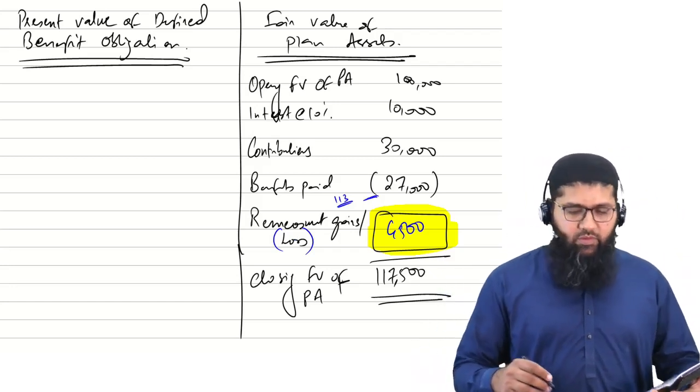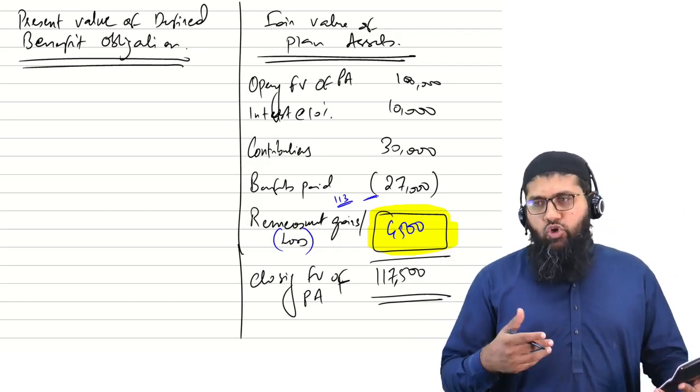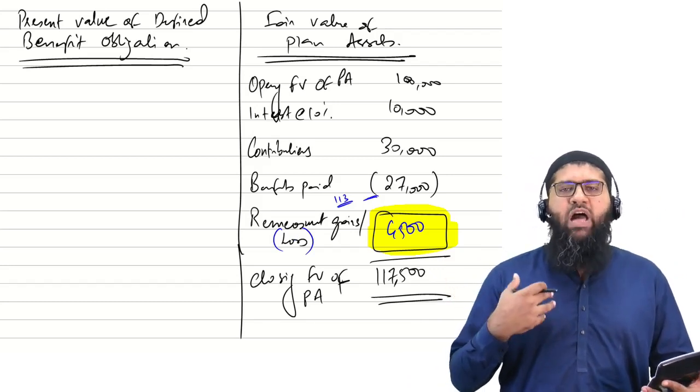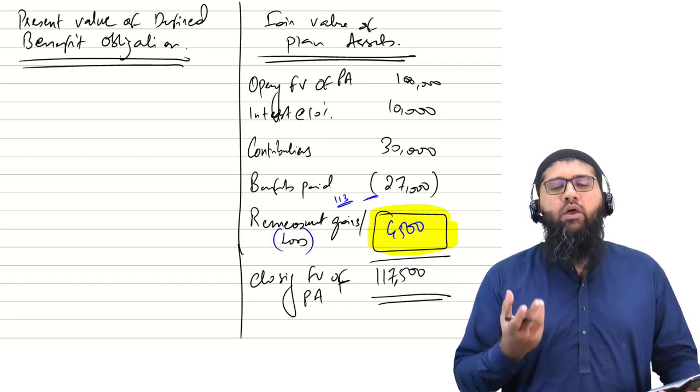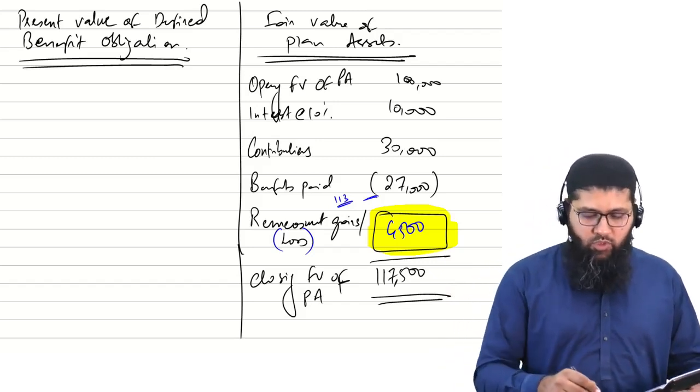The next thing is present value of defined benefit obligation. So obviously the employees who are part and parcel of this plan or this fund or this scheme have to be paid a certain amount.